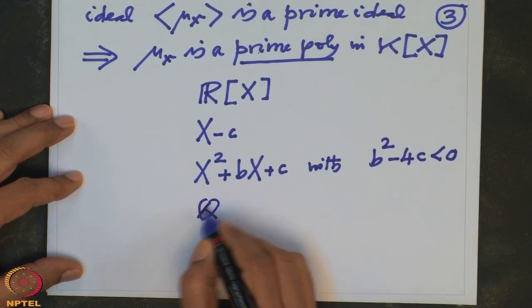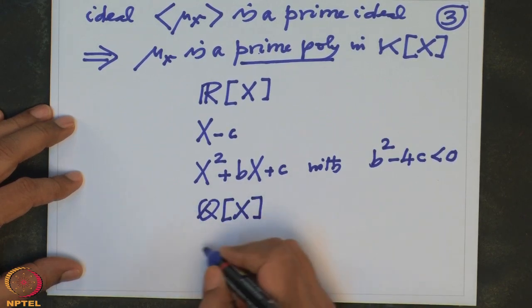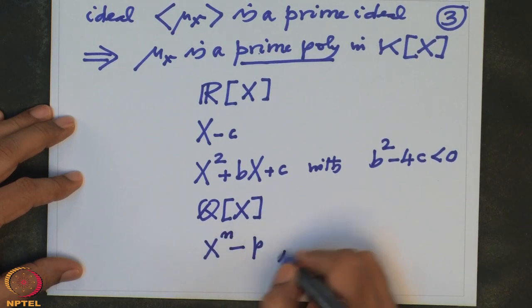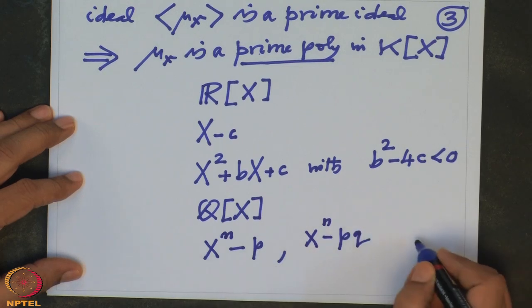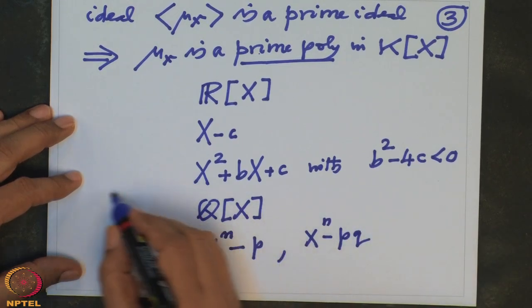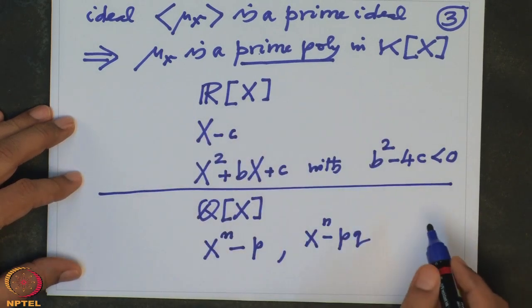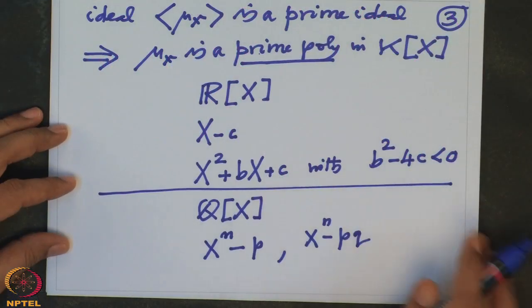Over Q there are many, in fact given any degree we have a prime polynomial and many. So, given any n, x power n minus p or x power n minus pq, all these are prime polynomials over Q. So, over Q the theory will become more difficult, over R it will be simpler, because an element of C over R can satisfy a linear polynomial or a quadratic polynomial with the discriminant negative.